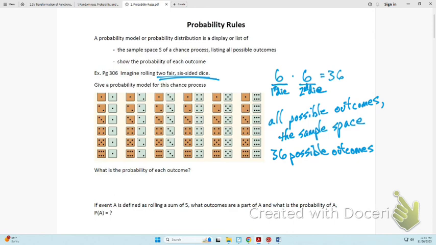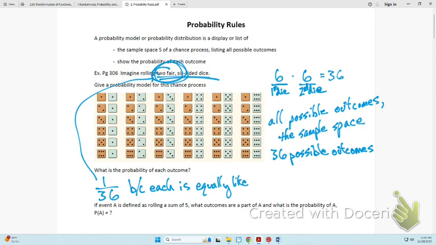What is the probability of each outcome? Well, since they are fair, and there's 36 possible, each outcome has a 1 in 36 chance, because each is equally likely. Now, it's also a matter of wording, because I would say this 1 and then a 5 appears to be the same event as this.